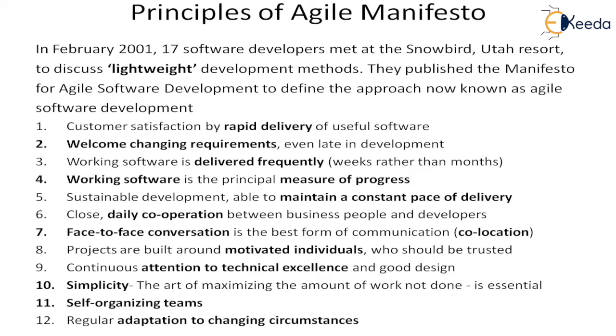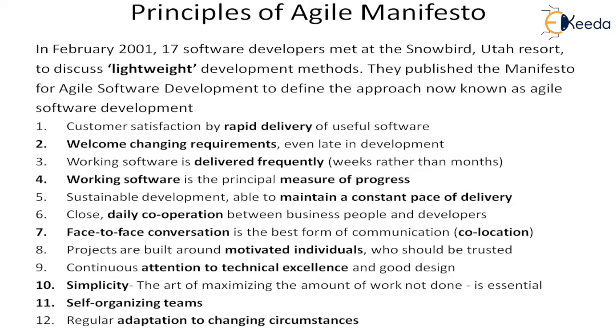They met together in the year 2001 to discuss these lightweight development methods, and based on their discussion a manifesto was declared, known as the Agile Software Development Manifesto, which defines the approach that should be taken for such lightweight methods, which later became known as Agile Software Development.